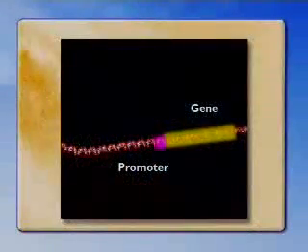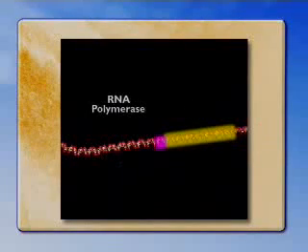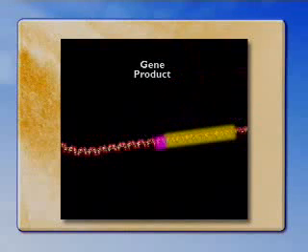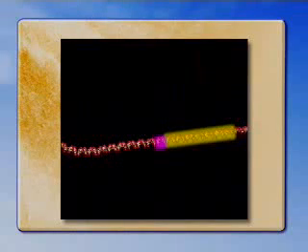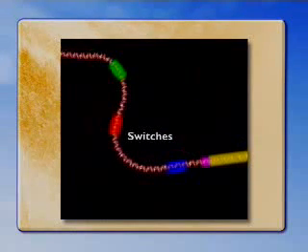So this is a gene with the yellow part of the DNA, the coding part colored yellow. That might encode something like a lens protein. It would normally only be expressed if an RNA polymerase lands on the gene's promoter and makes a messenger RNA from the gene. The coding region of the gene is surrounded by a series of regulatory switches.